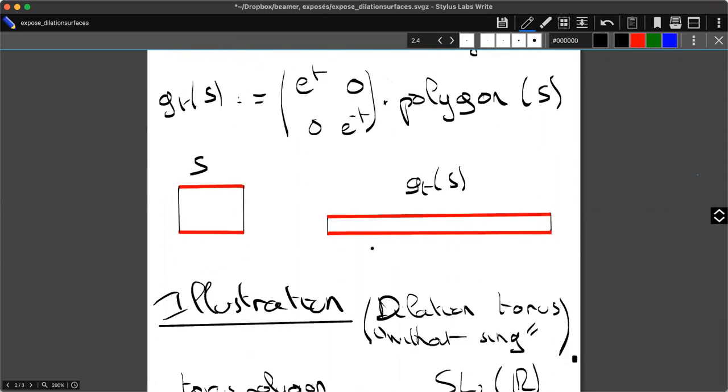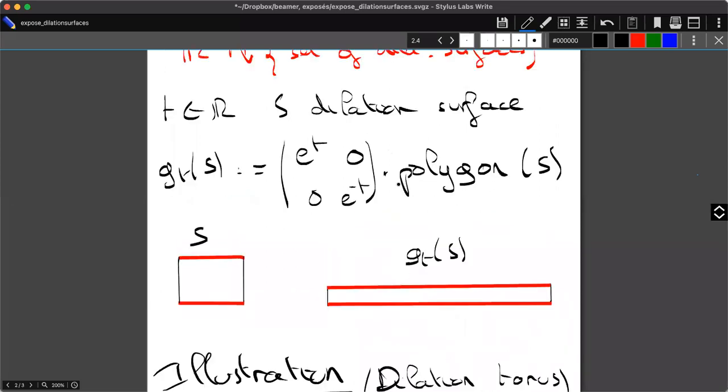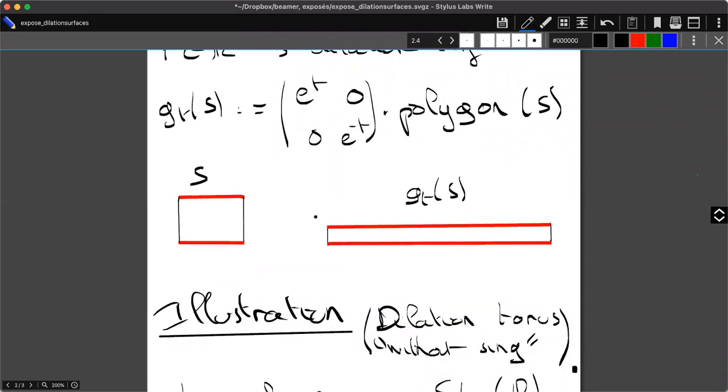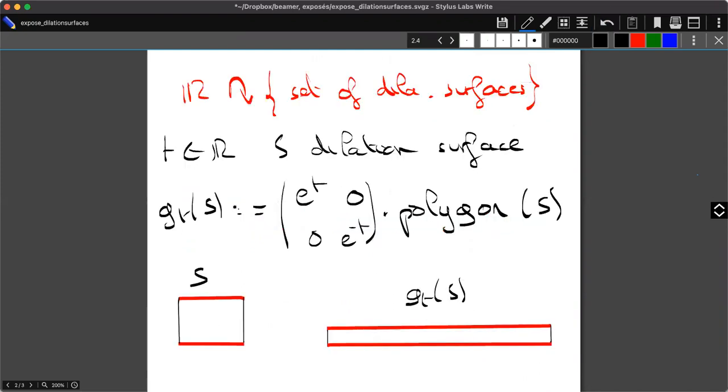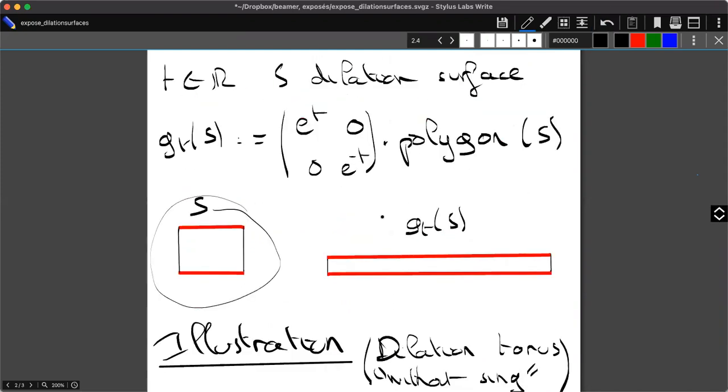So here it's just an illustration of what kind of flow it is, this Teichmüller flow restricted to the dilation torus. So a dilation torus is just a torus like this one, for example. So it's just a square basically that you've glued with affine maps.